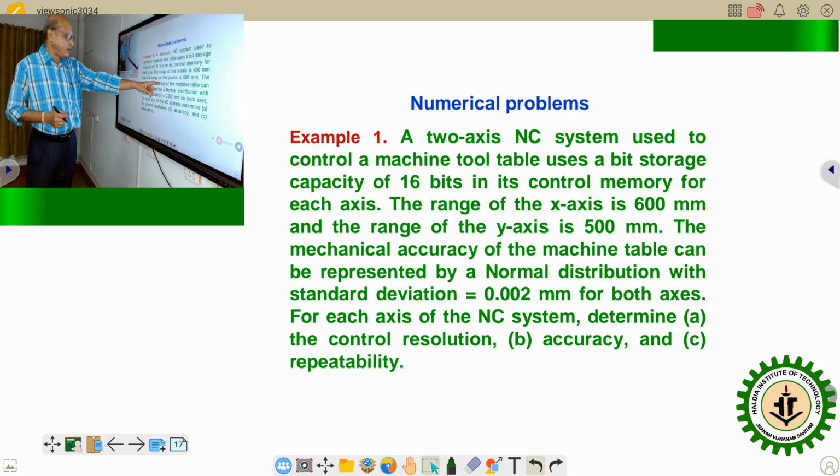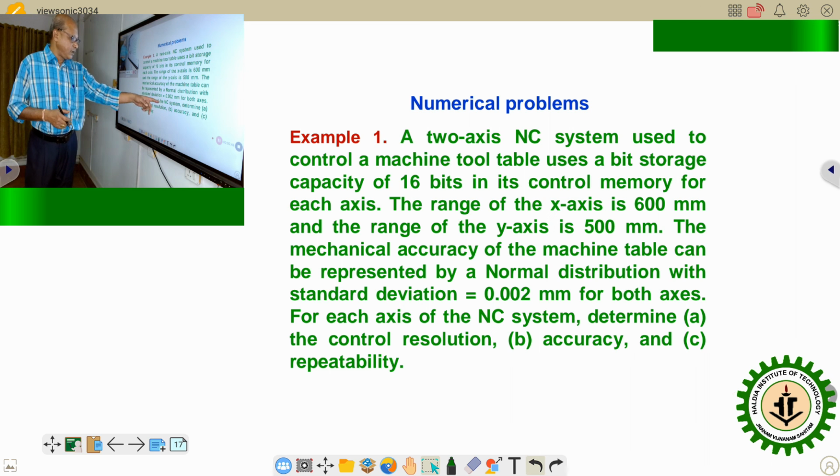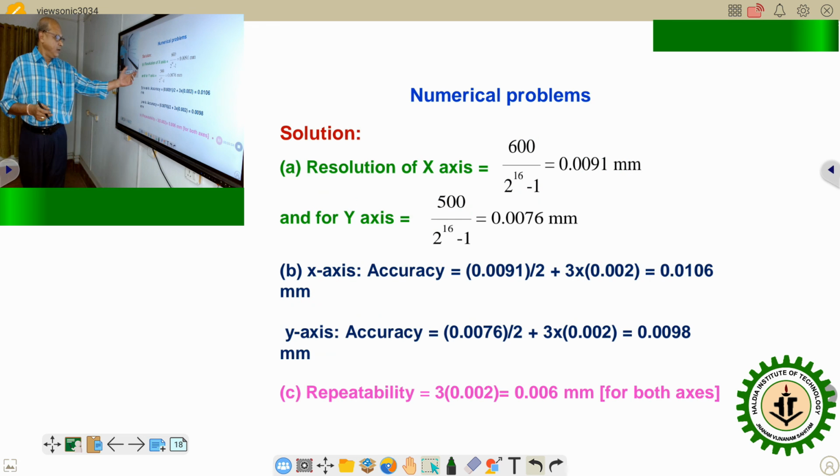The mechanical accuracy of the machine table can be represented by a normal distribution with sigma, that is standard deviation, as 0.002 millimeter for both axes. Now we have to calculate for each axis the control resolution, accuracy and repeatability. Very simple, directly you can apply L by 2 to the power n minus 1.